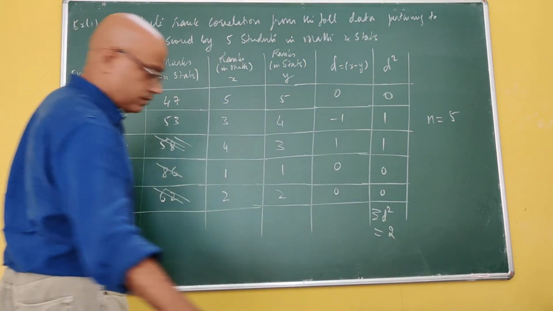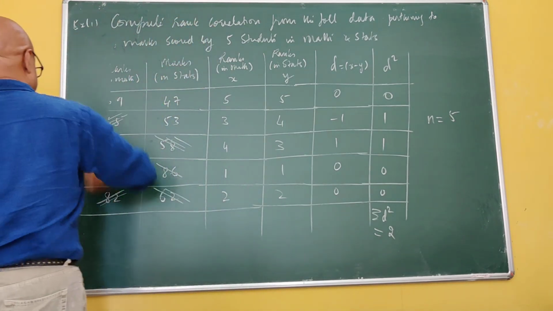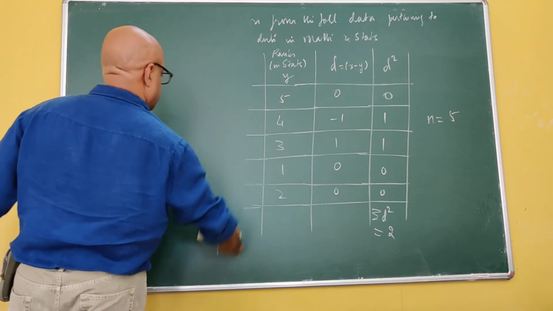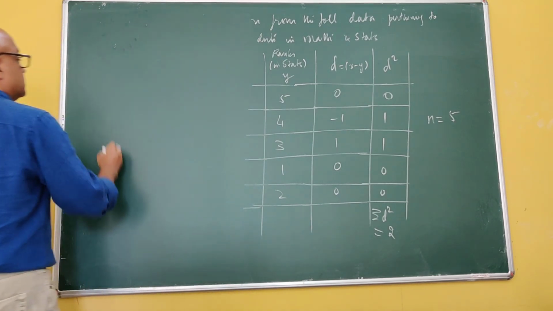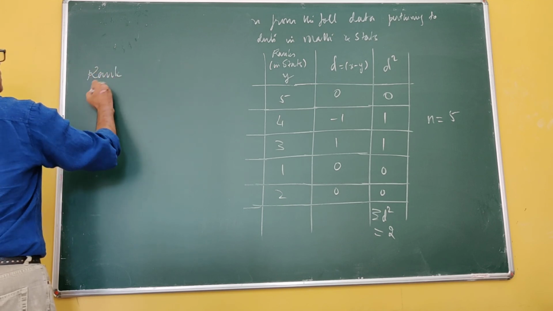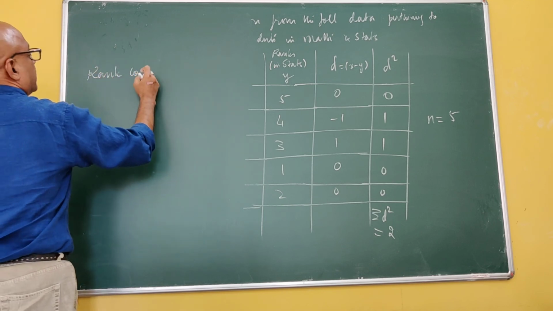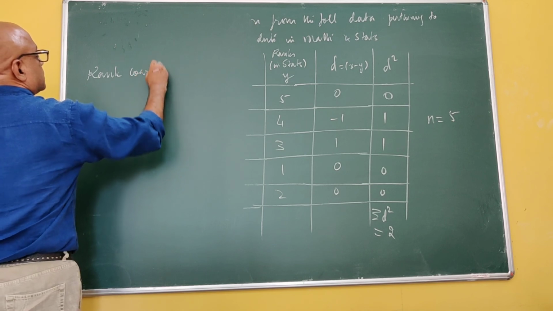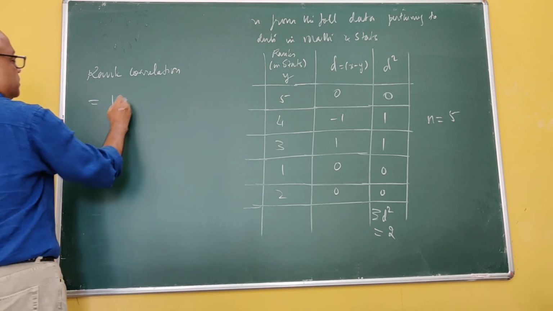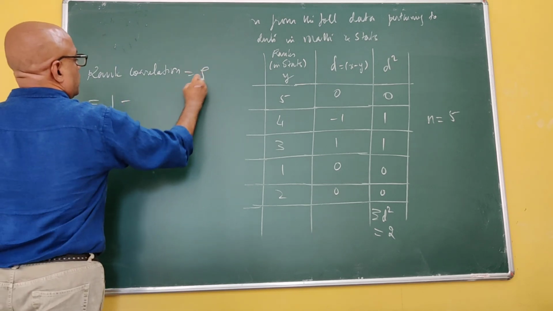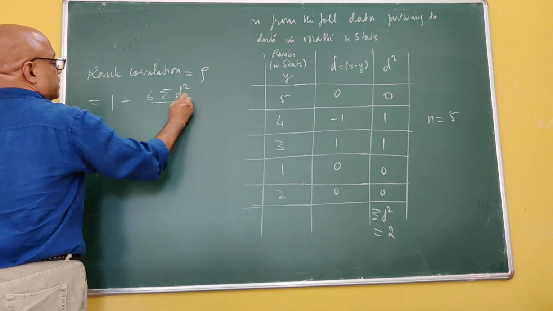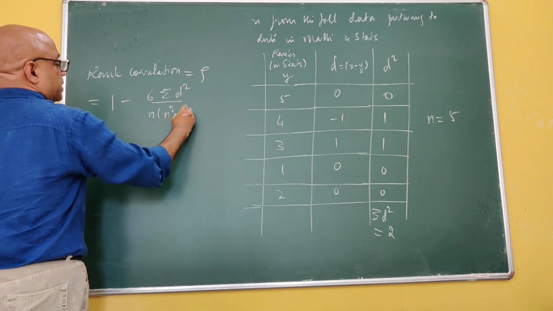What is the formula now? Let me wipe this side, the data which I don't need at all. Rank correlation rho is equal to 1 minus 6 times summation D square divided by N into N square minus 1.